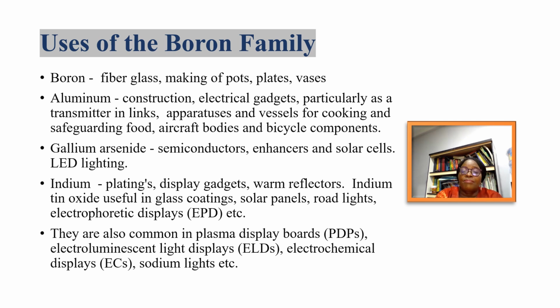Gallium arsenide is a semiconductor that is good for solar cells. Gallium is also used in LED lighting. Indium is good for electrophoretic displays, road lights and solar panels. It's also good in plasma display boards and electrochemical displays, and is also used for sodium light, etc. So the compounds of this group are very useful elements.